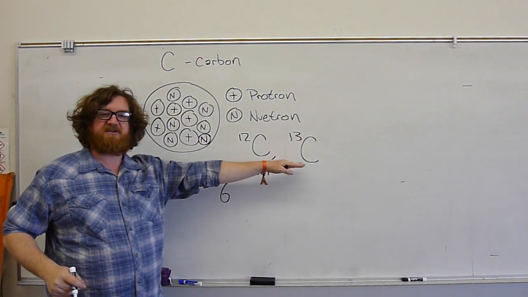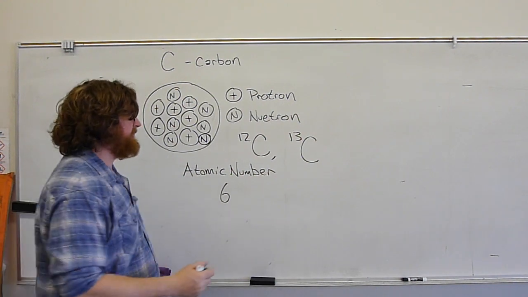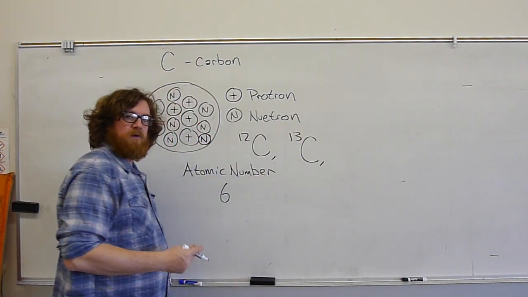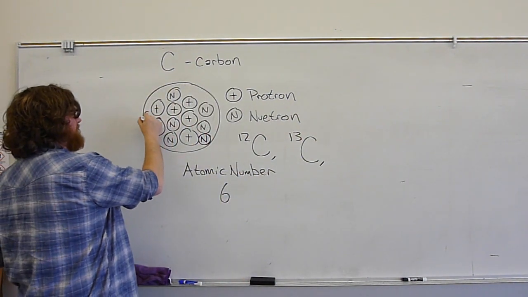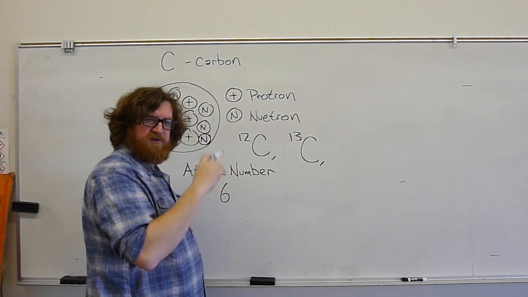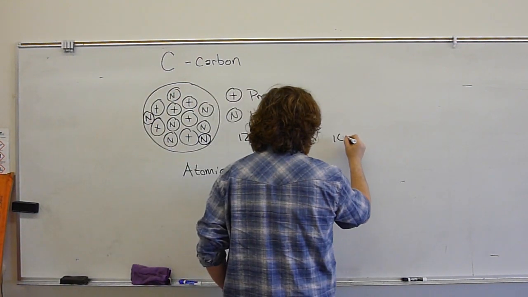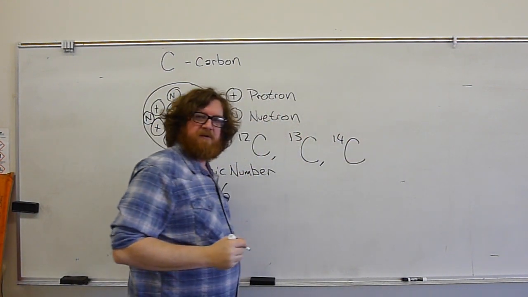So a little bit shy of 1% of carbon as it naturally occurs is carbon-13. And then as we start to build out the nucleus even more, if we add another neutron, we get to a fairly famous isotope, probably the most famous isotope in the world, carbon-14.